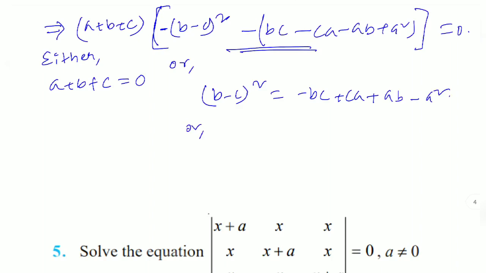So what you are having over here is b square plus c square minus 2bc equal to minus bc plus ca plus ab minus a square.